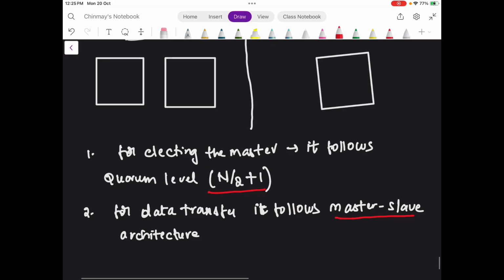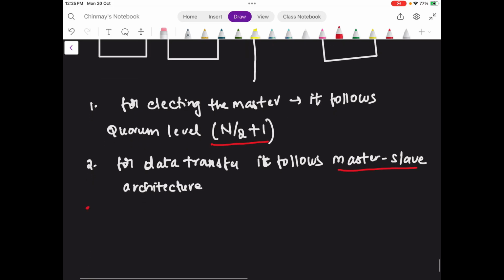For example, take a 3-node cluster: 2 nodes in network 1 and 1 node in network 2. Here is the beauty.